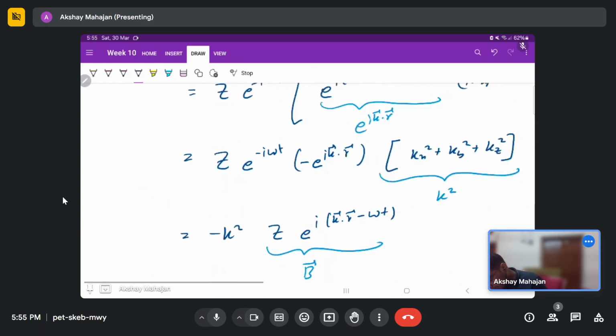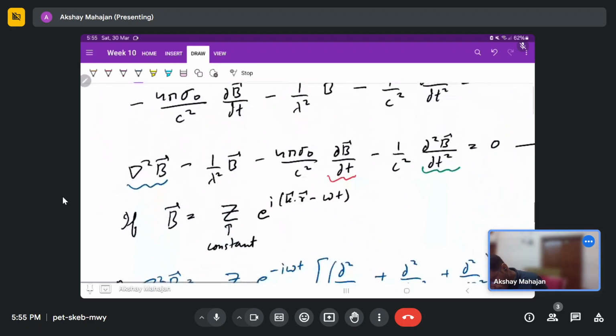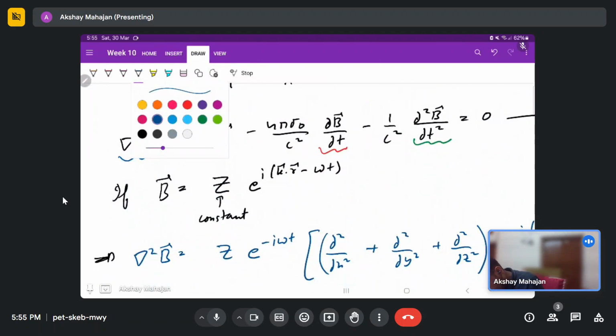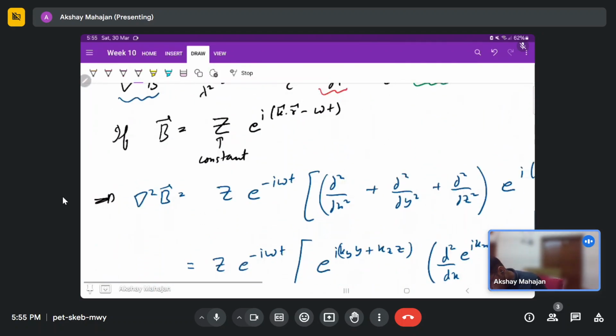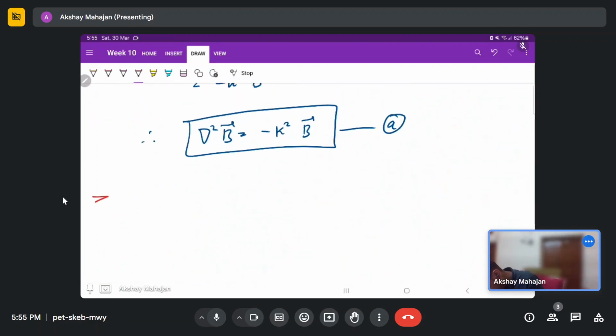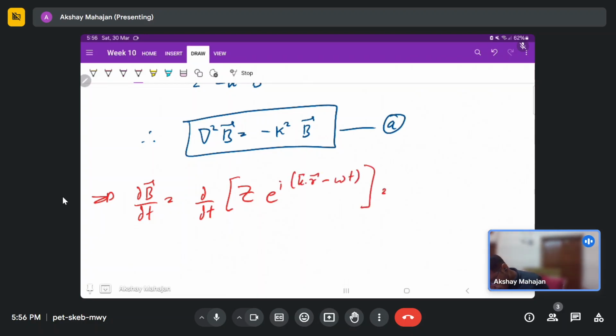Okay, so this we can replace here. Then we need del b vector by del t as well. So now del b vector by del t of whatever the constant is, it is z e to the power iota k vector dot r vector minus omega t. We get this constant z e to the power iota k vector dot r vector come out.